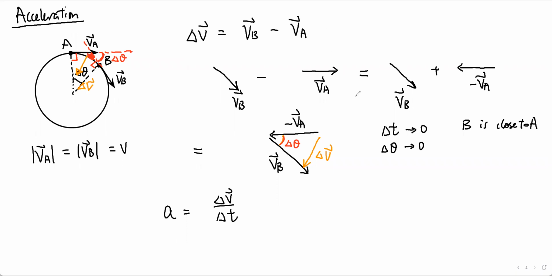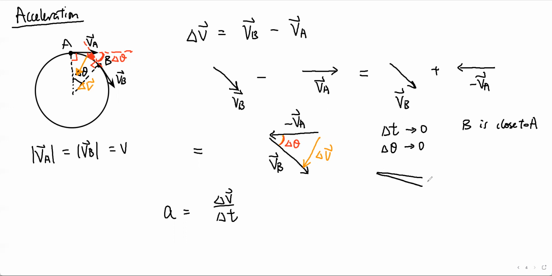Now, at that time, the angle theta is close to 0. Then you can see we can consider this triangle very thin, very sharp. And then there's a physics trick.